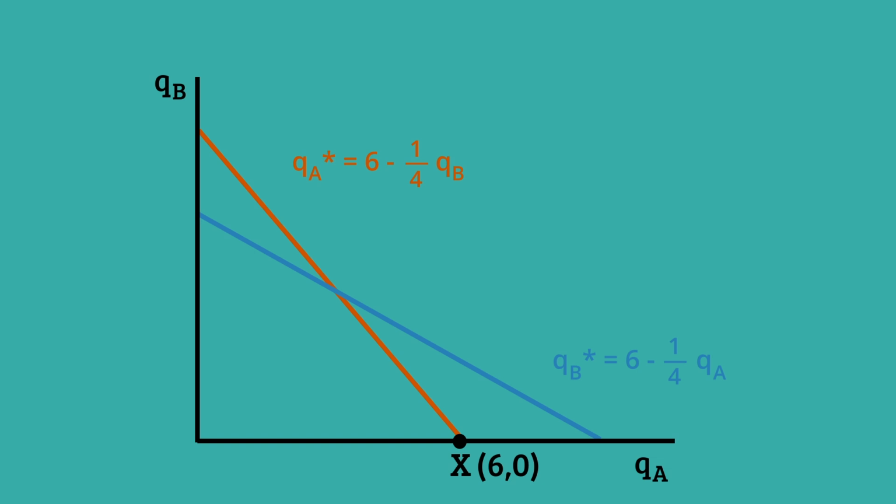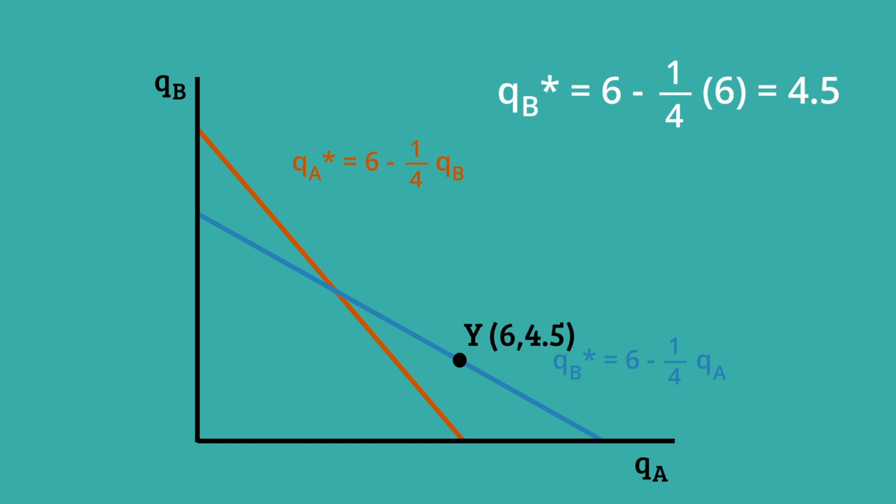By looking at the best response function of B, we can see QB star equals 6 minus 1/4 times 6 equals 4.5. That is, given firm A produces QA equals 6, producing nothing is not profit maximizing for firm B. It should produce QB star equals 4.5. The outcome is given by point y, 6, 4.5.